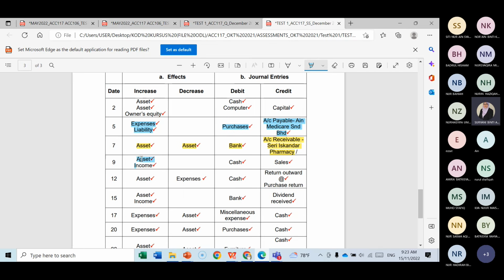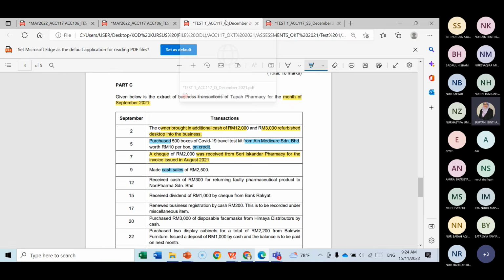You receive it in terms of cash, so you debit cash. And increase in revenue or increase in income, also known as revenue, you will credit the sales account. Since the question states the term income, we will use income consistently, class. Income and revenue again are the same.